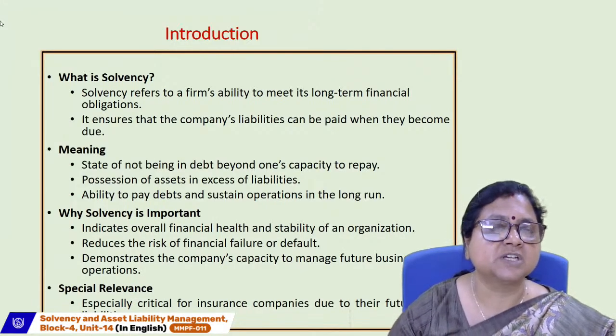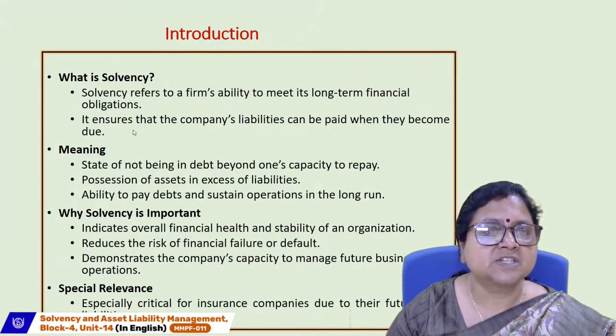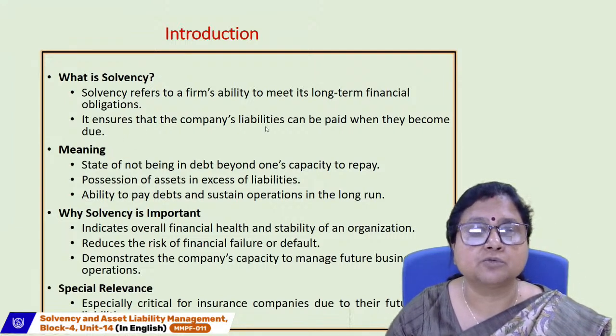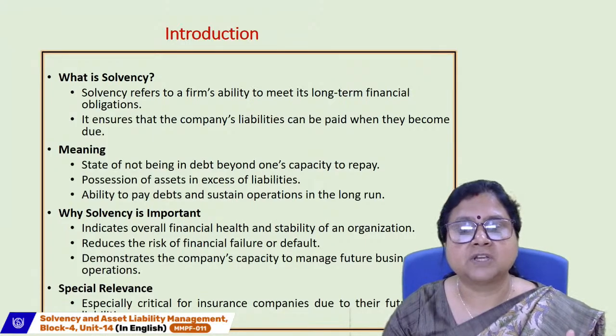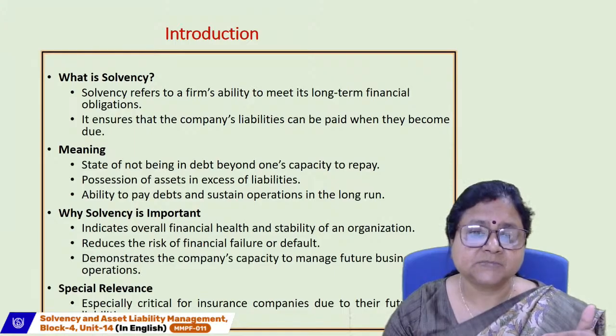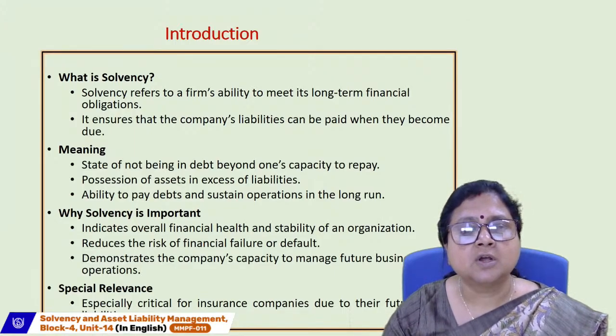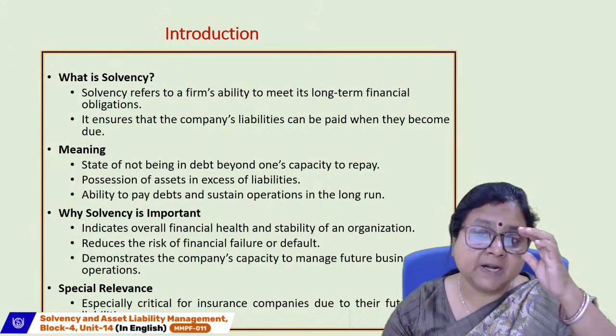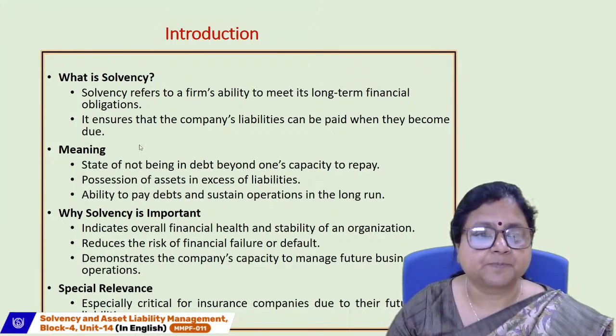That is what is known as solvency. Solvency ensures that a company's liabilities are paid when they become due. So the company plans beforehand for the liabilities which are known to it earlier, and they can be paid with proper planning.